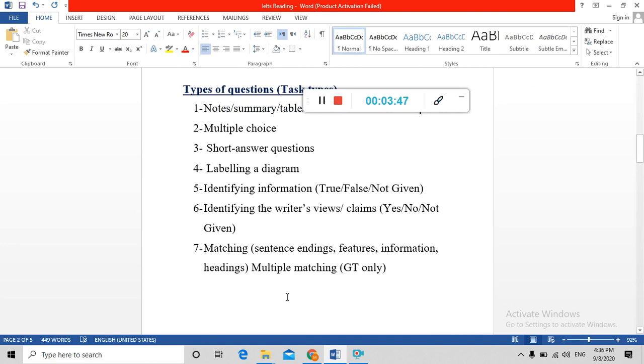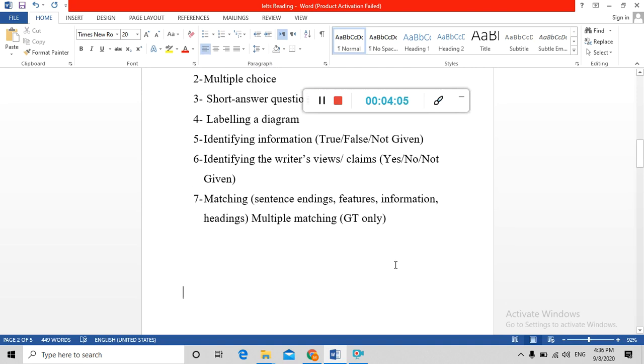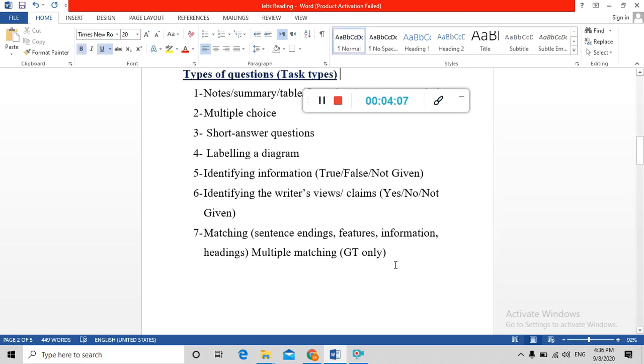Matching, we need to match sentence endings, features, information, headings. Sometimes we have multiple matching, this in the general training only. These are the types of questions in the reading test.